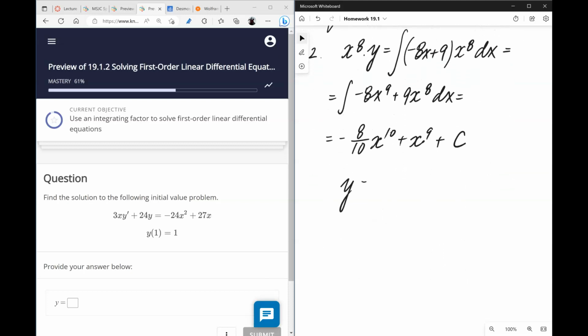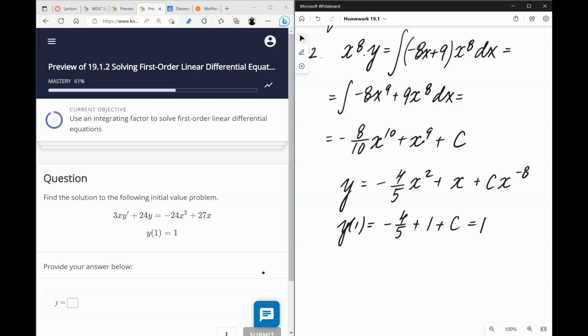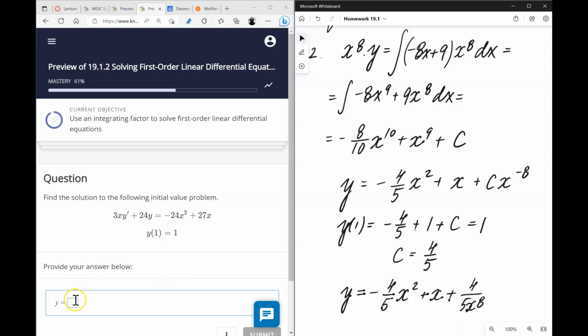And to isolate y, we divide both sides by x to the power 8. And we use the initial condition to find C, and we finally write the answer. And let's plug it in.